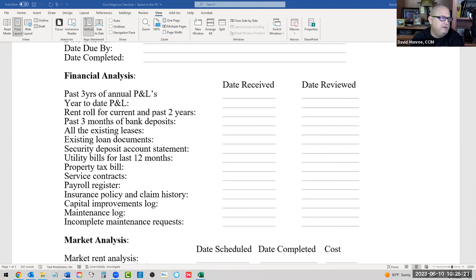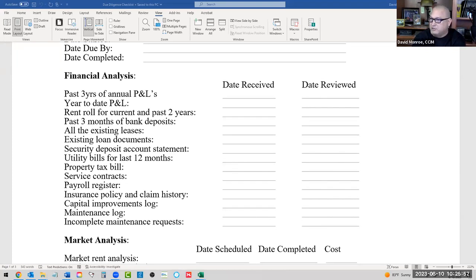Insurance policy and claim history. The policy itself isn't a big deal. They call it a... I'm trying to remember the name of the report we're looking for. I think it's just called an insurance loss report. And what they're looking for is the last 3 years.